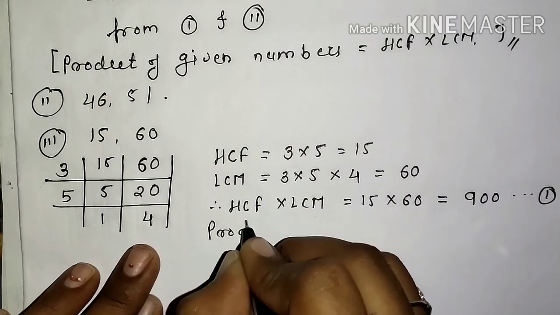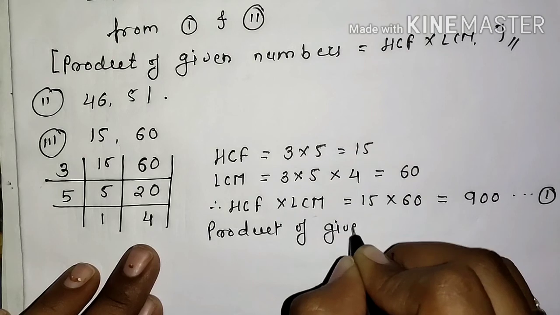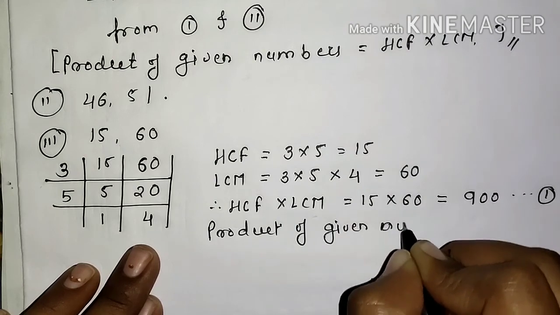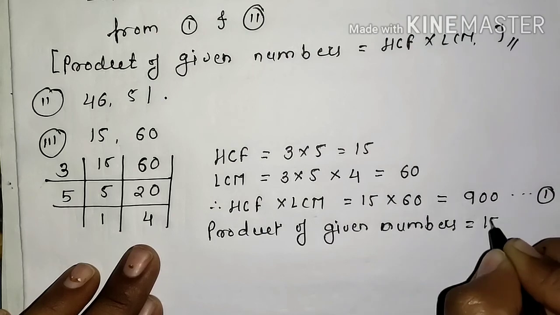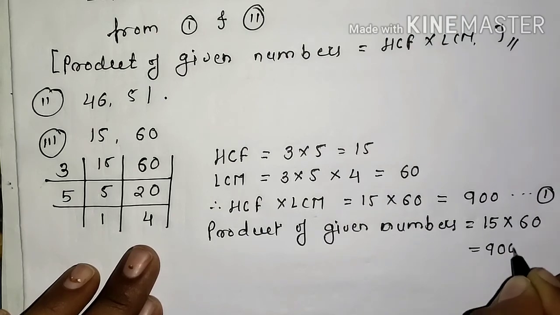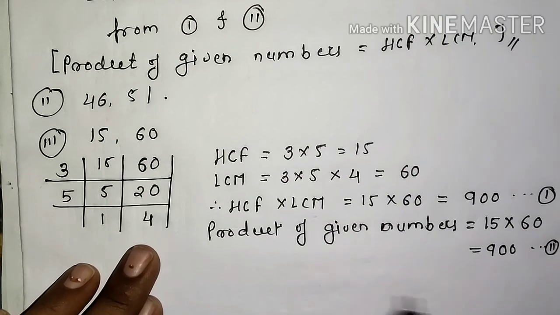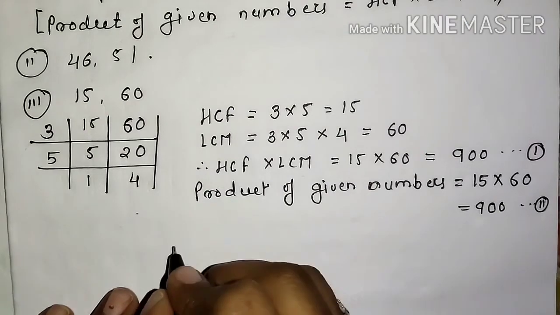Next, let us find the product of the given numbers. The given numbers are 15 and 60, so the multiplication will be again 900. So give it number 2. So from 1 and 2, what can you observe?